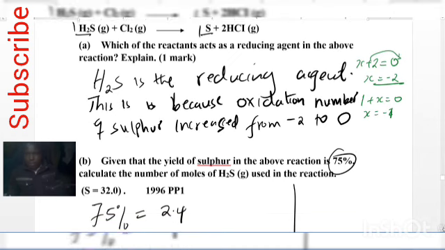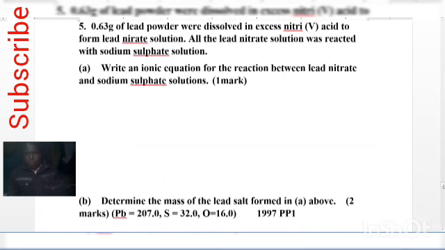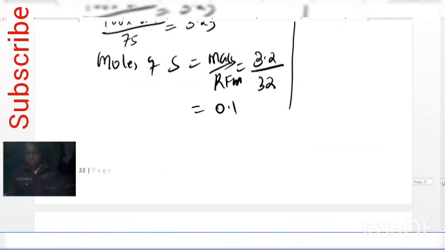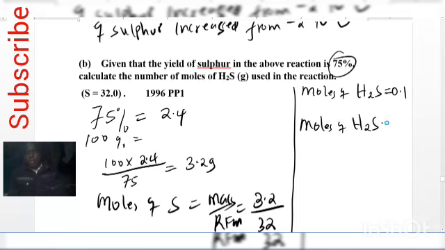Having that in mind, we will say that moles of hydrogen sulfide will be equal to the moles of sulfur, which is 0.1 moles, because the ratio is 1:1. So moles of hydrogen sulfide is equal to 0.1. That is what we were asked, the moles of that.